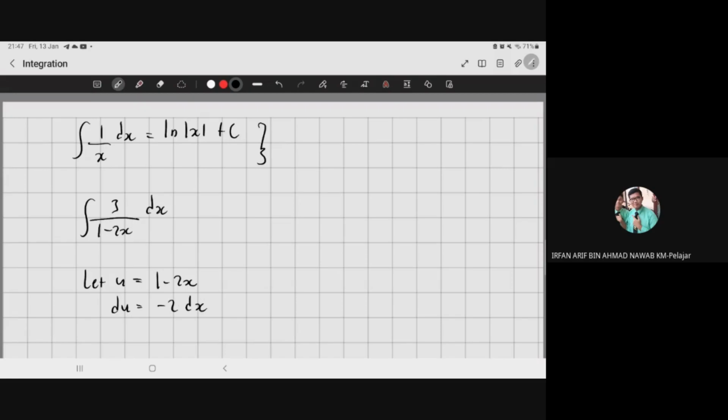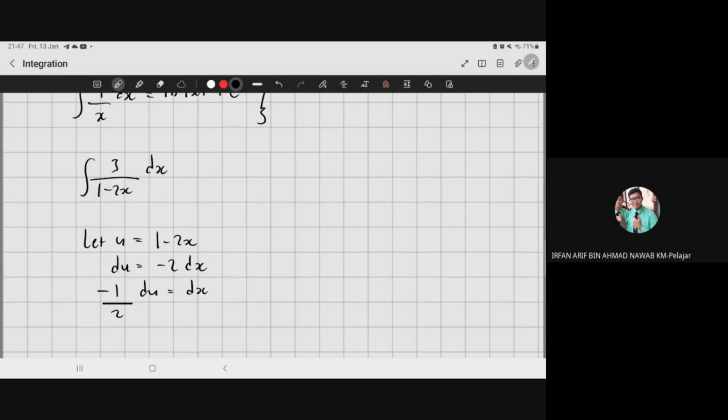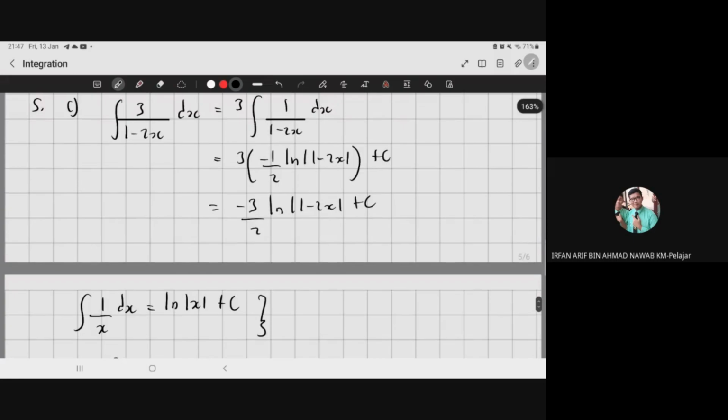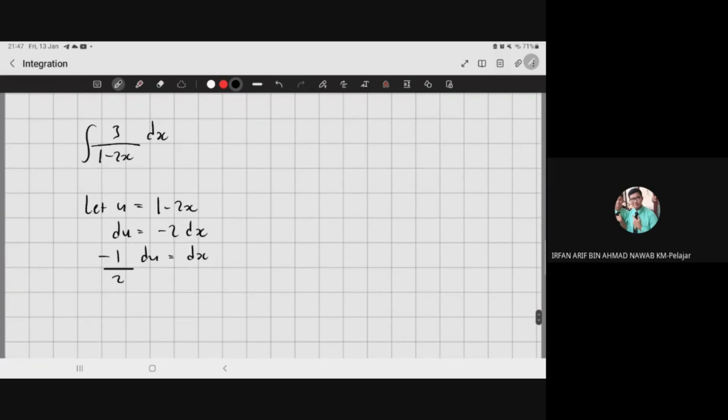We get du equals negative 2 dx, so negative 1 over 2 du equals dx. We know 3 is a constant multiplied by a function here, so applying the third rule of integration, you get 3 times the integral of 1 over 1 minus 2x dx.